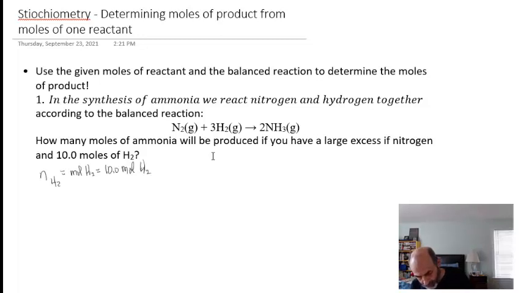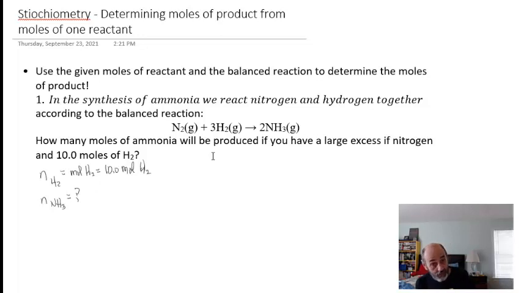And then we don't know the number of moles of NH3, but we will call that N of NH3. So that's what we're trying to figure out. Fairly straightforward for this kind of a problem.